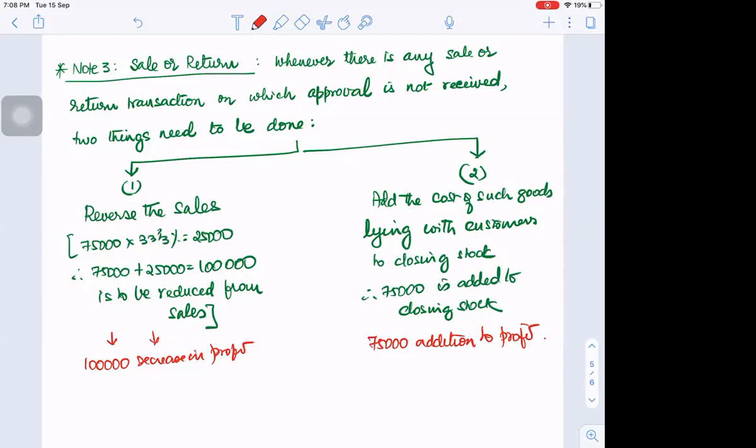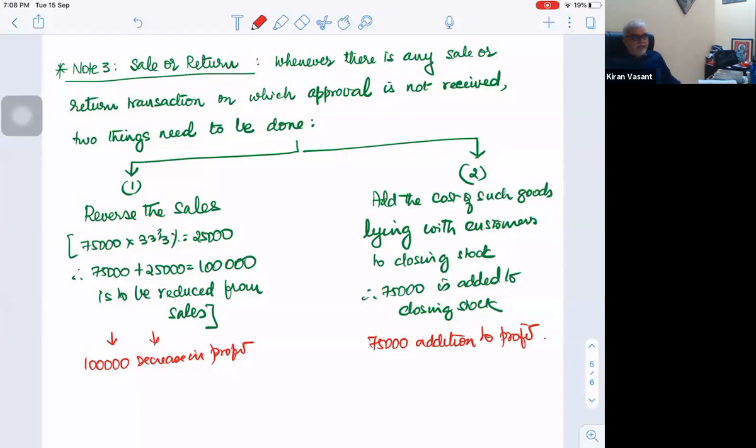Yes, sir. But could you just explain why the 1 lakh debit was made, I mean, the less from the profits? I'm still a little bit confused. All right, the reversal. When you make the sale or return, somewhere in the first week of March, you made that transaction. That time you said debtors to sales.